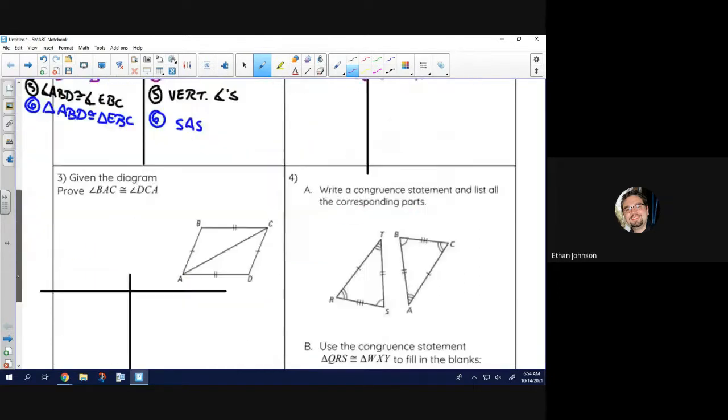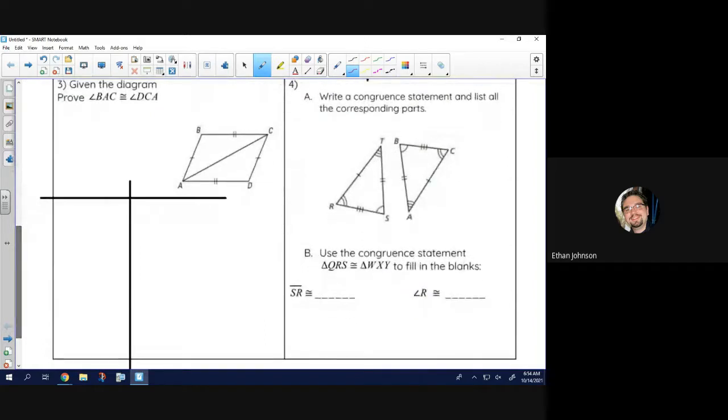Moving on to example 3. Another given the diagram. So I'm going to look at the diagram and see what is marked congruent. So I know AB is congruent with CD.